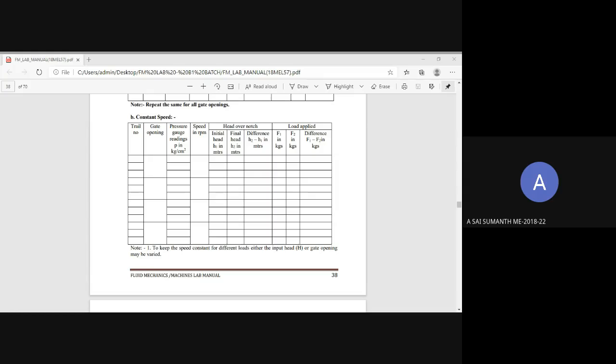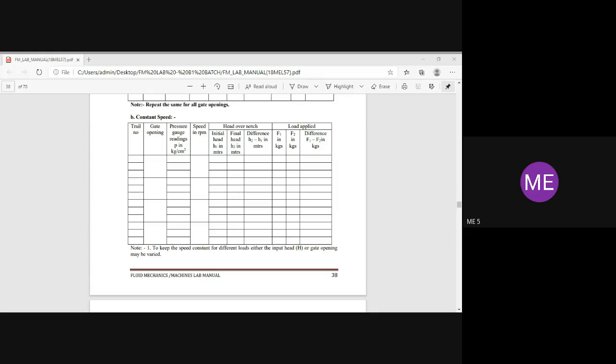So what are the diameters of the pipes? A1, A2, right? You take D1 as 50 mm and D2 as 25 mm in the calculation part. The bigger diameter is 50 mm and the smaller diameter is 25 mm. You have to convert mm into meter.